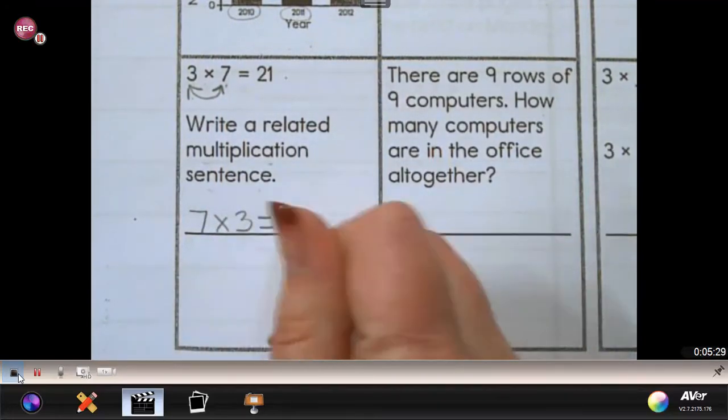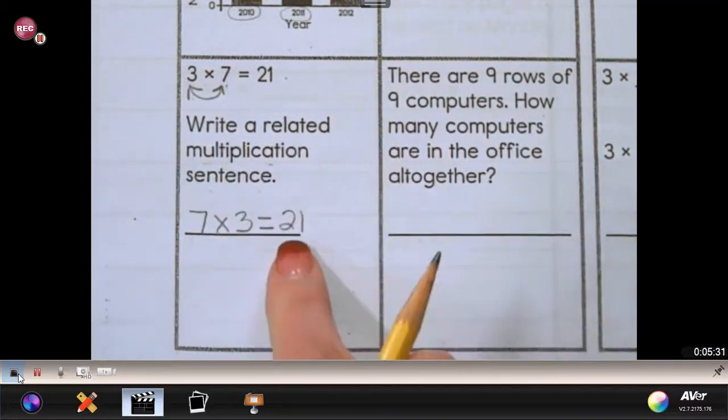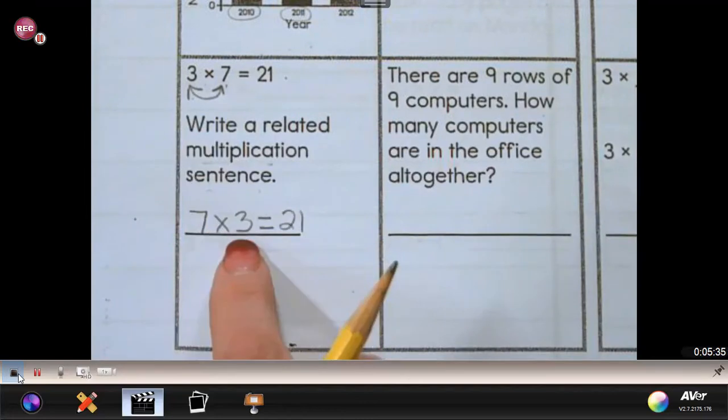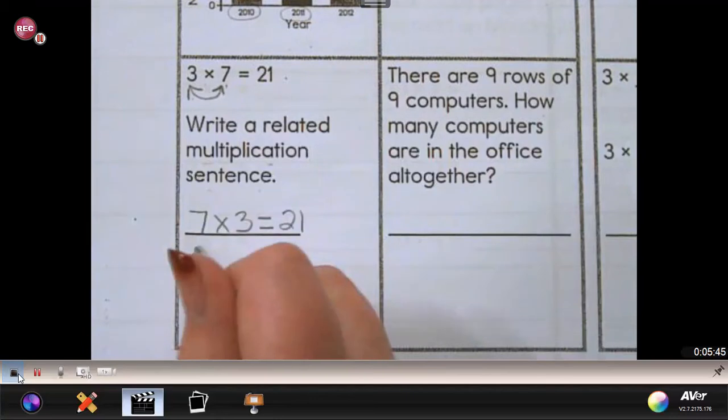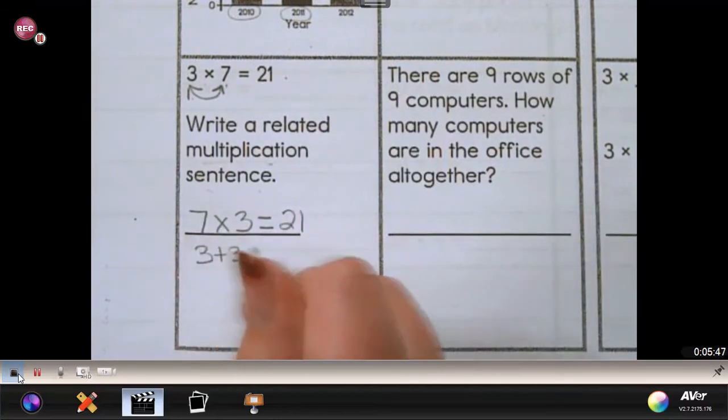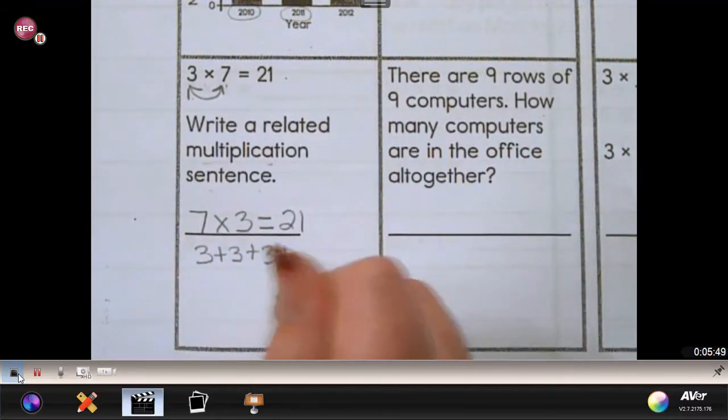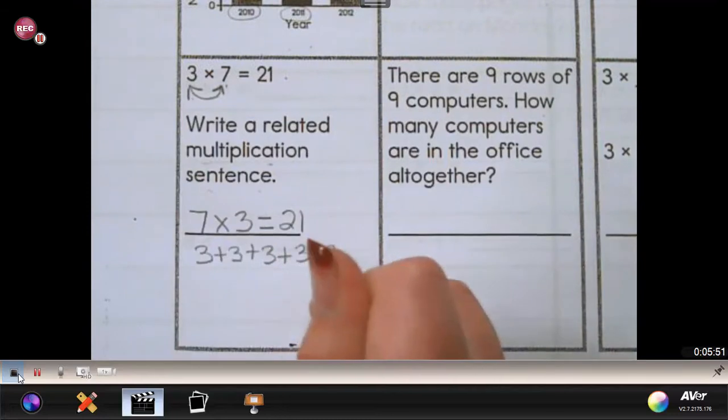And these are related because they both have the product of 21. All we're doing is switching the factors, which does change our picture because 7 groups of 3 is going to be different than 3 groups of 7. So we can show that these are equivalent to each other by using our understanding of repeated addition.